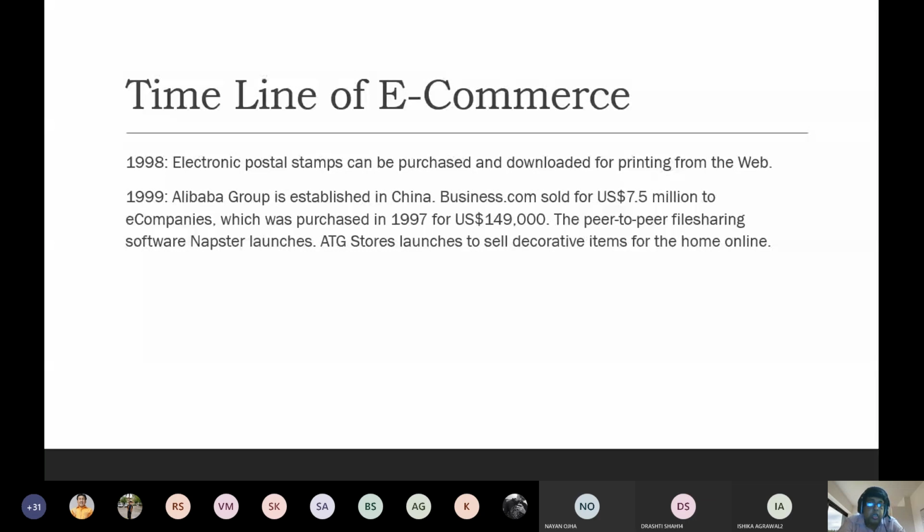Why? Because at that period, there was an online software being downloaded. People were basically using Napster for piracy.